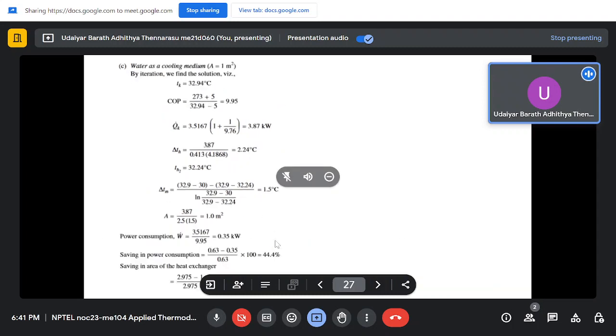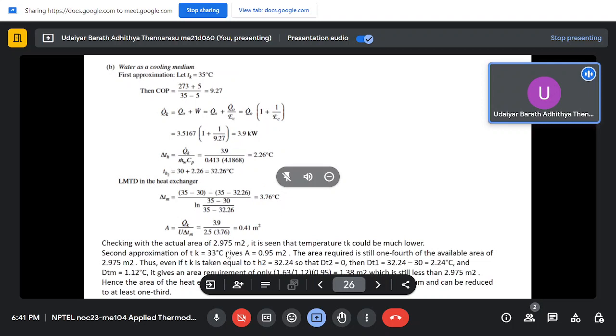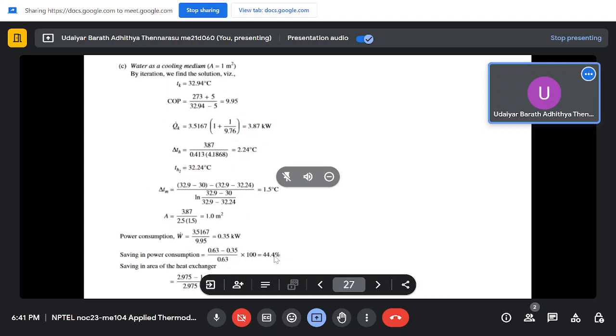So now, in the previous problem we saw that when we take your condenser temperature as 33 degrees Celsius, we get an area requirement of 0.95 meter square. In the third part of the question, it was asked if you take the area of the condenser to be 1 meter square. So with a similar iteration we can first see that if we take the condenser temperature as 32.94 degrees Celsius, then we require the area to be 1 meter square.